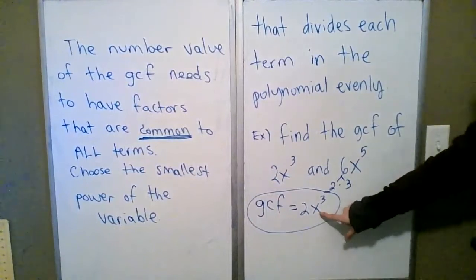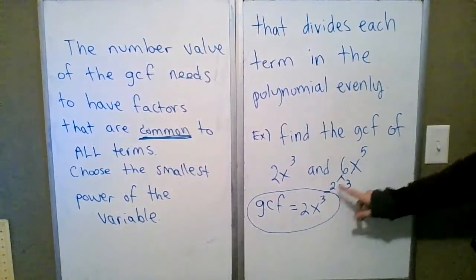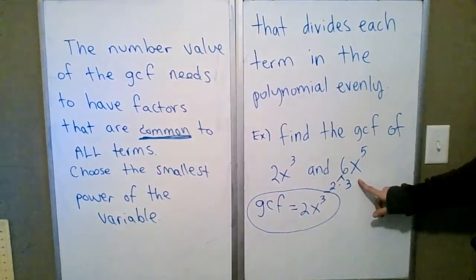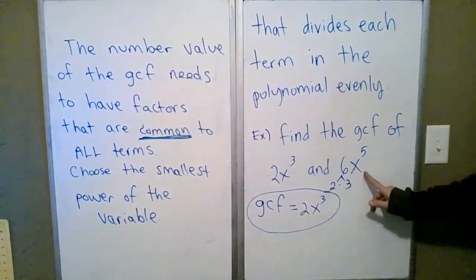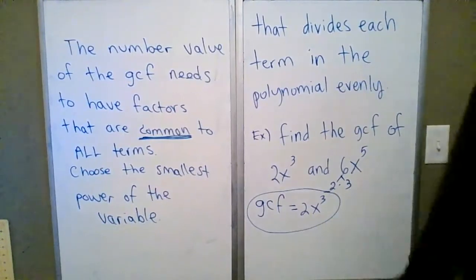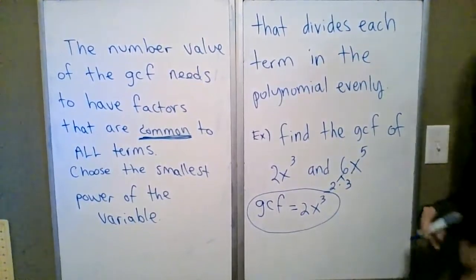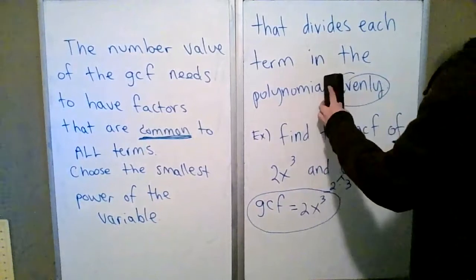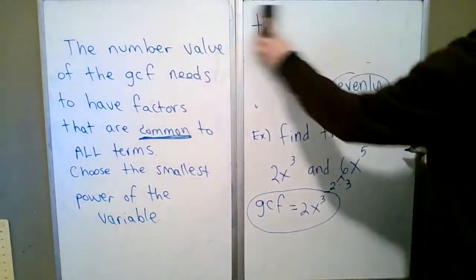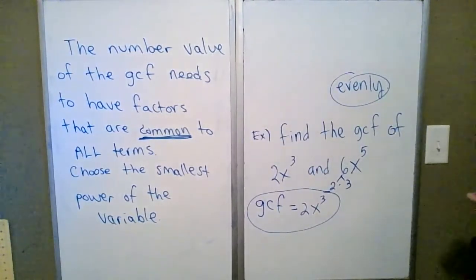Let's just check. Does 2x cubed divide 2x cubed? Yes. Does 2x cubed divide evenly into 6x to the 5th? Yes. Let me make sure, and do this as scratch work. I'm just double checking I picked the right GCF.